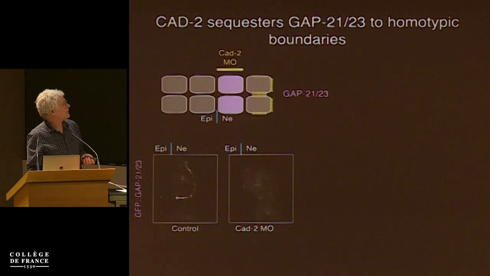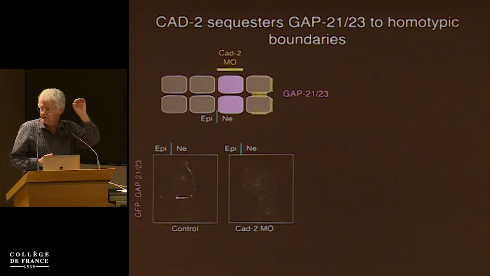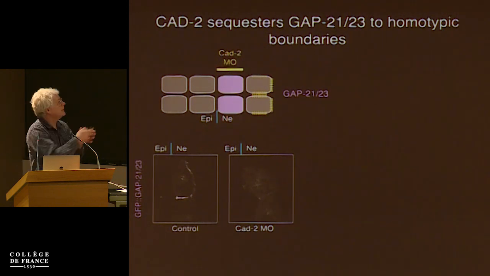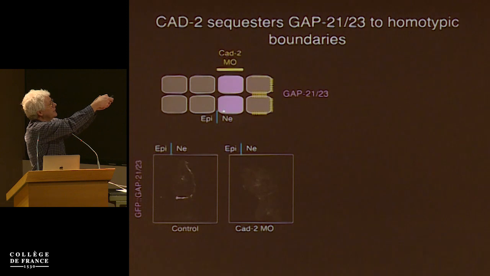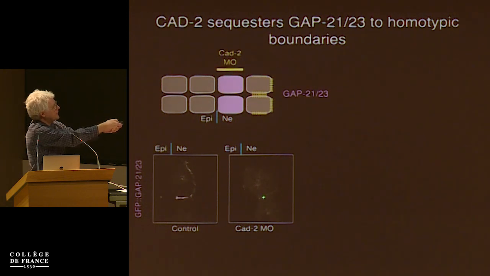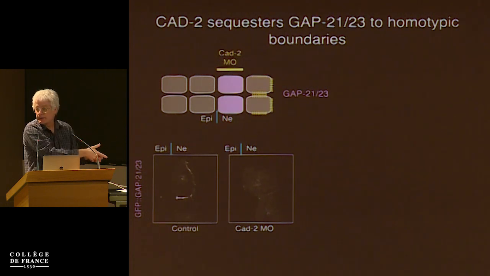Okay? To test that further, Hide went back and manipulated cadherin-2 expression, again, in this row of neural cells, under conditions in which he's also expressing a reporter for GAP 2123 to see how its localization changes. And what he finds is that when he removes cadherin-2 just from this row of neural cells along the boundary, now the GAP is uniformly enriched at very low levels everywhere along the boundary.